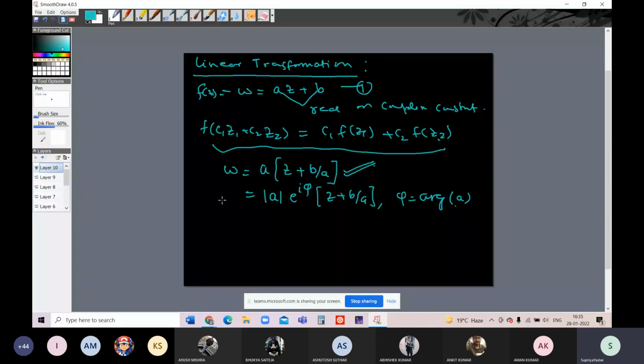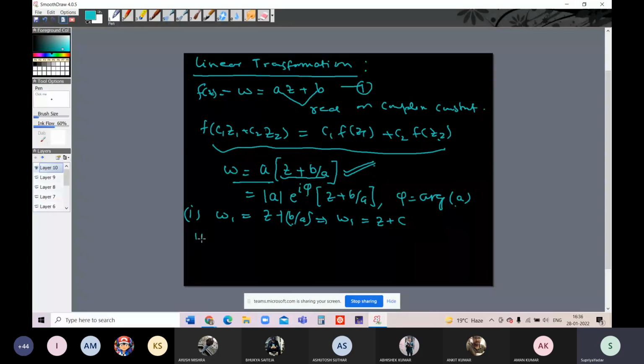First, we can consider it like W1 is equal to Z plus B by A. It means that W1 can be written as Z plus C, because B by A is a constant, so we can replace it by a constant C, where C is a real or complex constant.